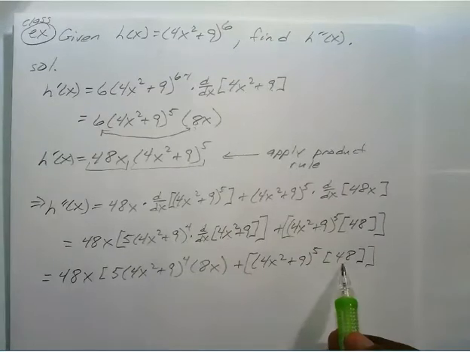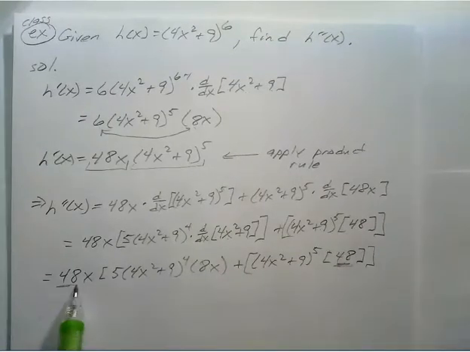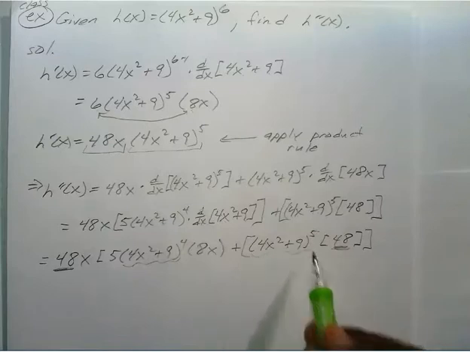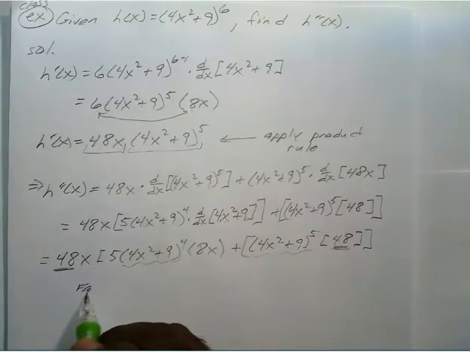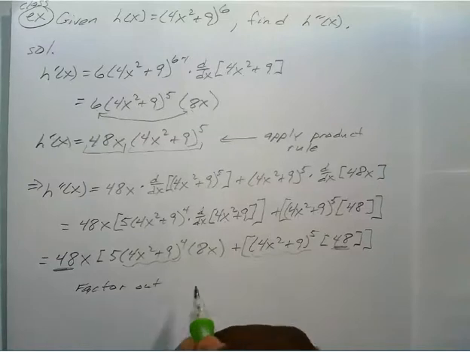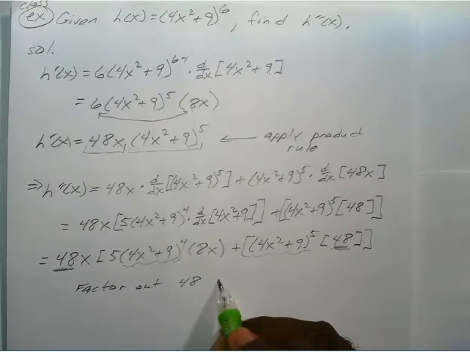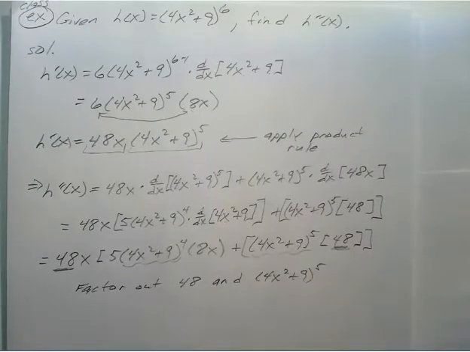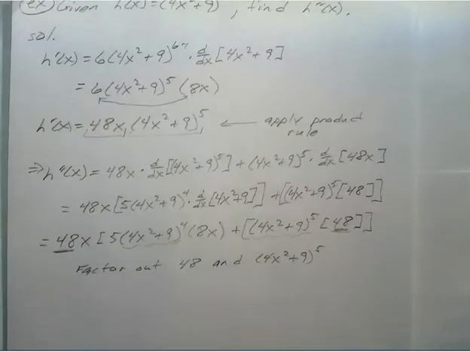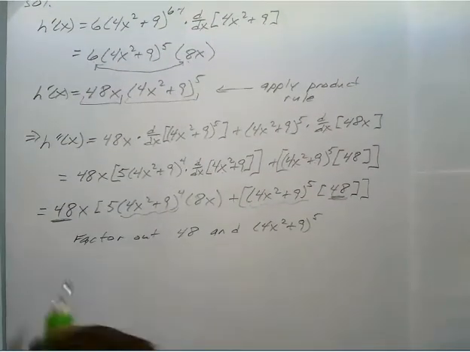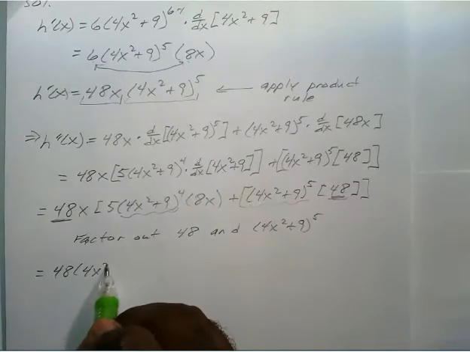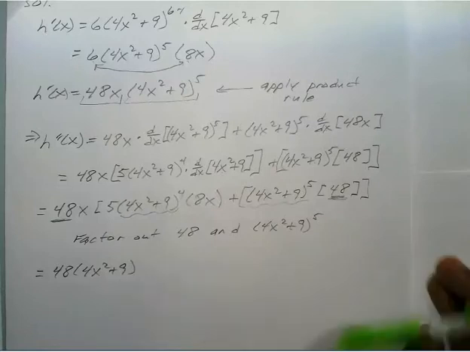Alright, so if you notice here, both of these terms have a 48. And you have (4x squared plus 9) to the 4th and (4x squared plus 9) to the 5th. So you can actually factor out 48 and (4x squared plus 9) to the 4th power.